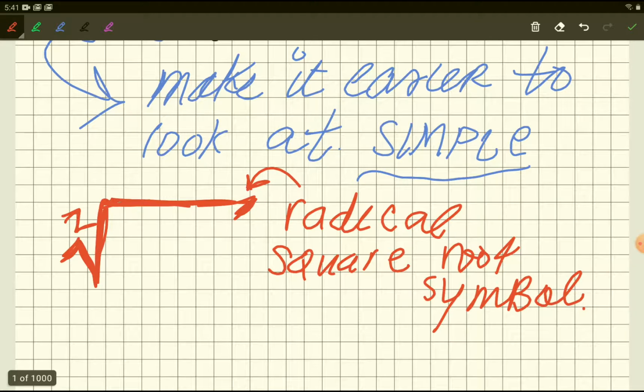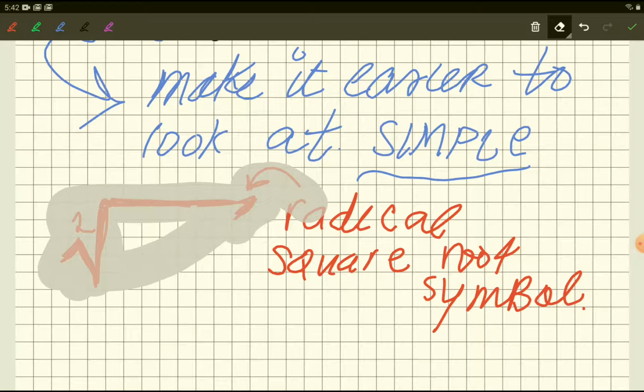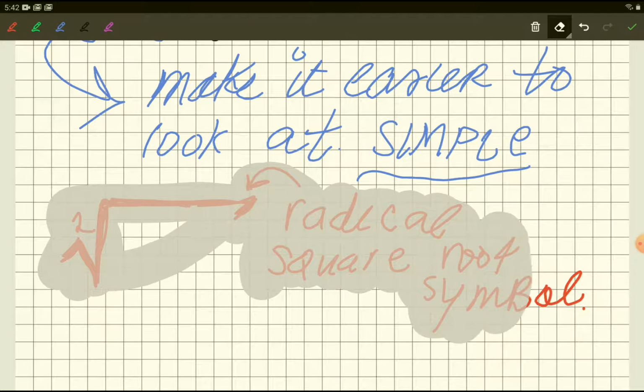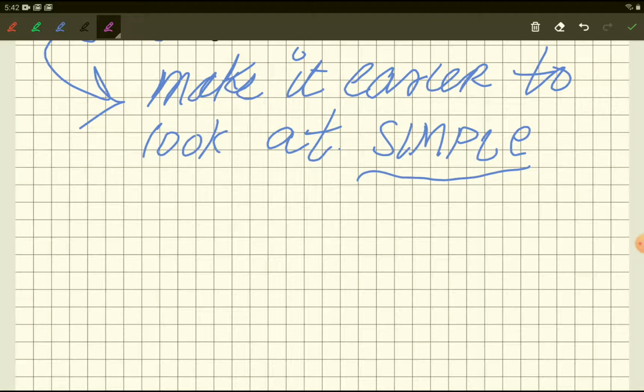There is a tiny 2 here, and it's invisible.